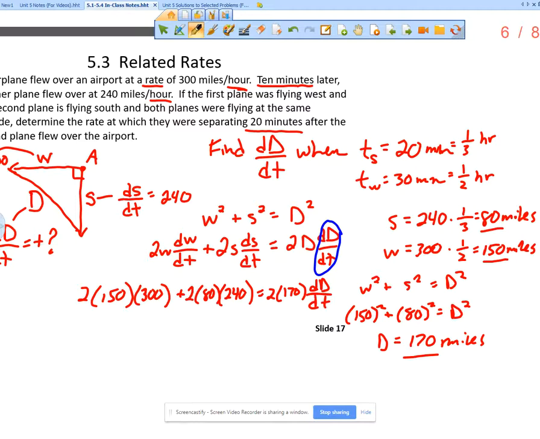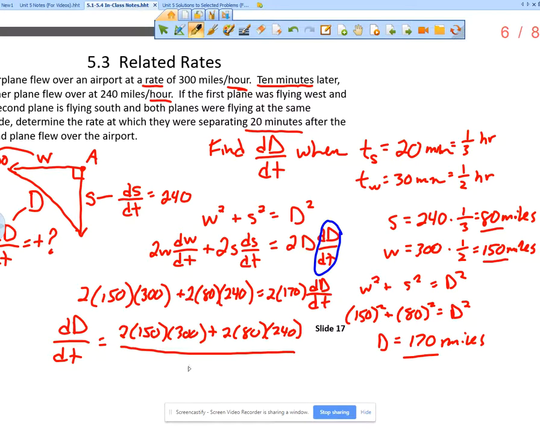And so now this is actually really easy to solve because all you're going to do is divide by 2 times 170. So dD/dt is 2 times 150 times 300, I'm just going to write this all out, plus 2 times 80 times 240, and then all divided by 2 times 170. So now we have solved for dD/dt.